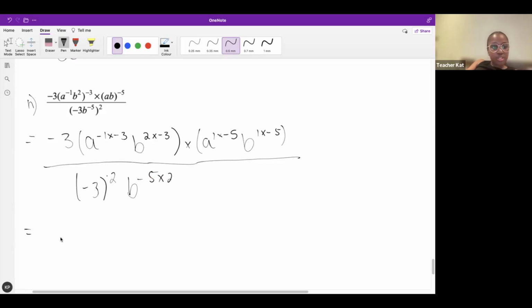Now, let's simplify all these exponents. Inside my bracket, what's -1 times -3?